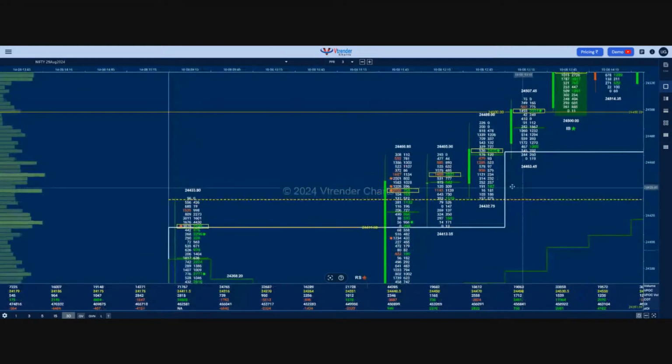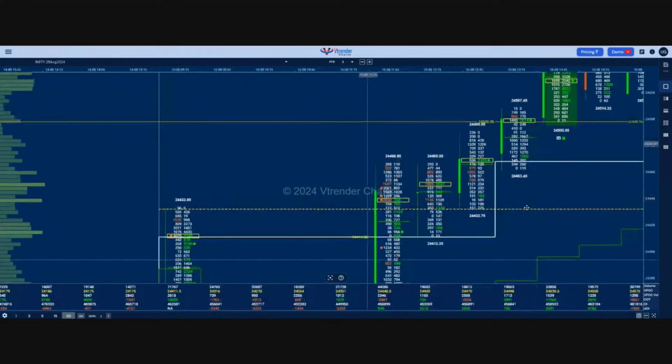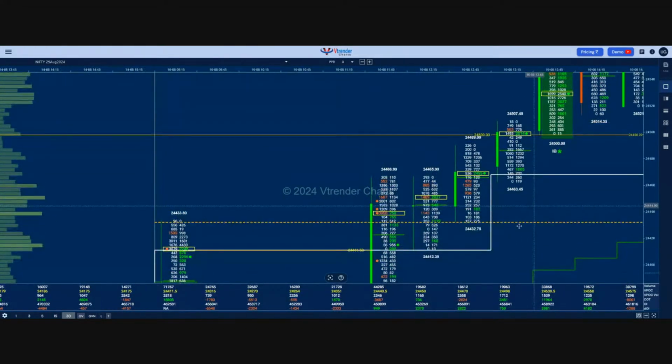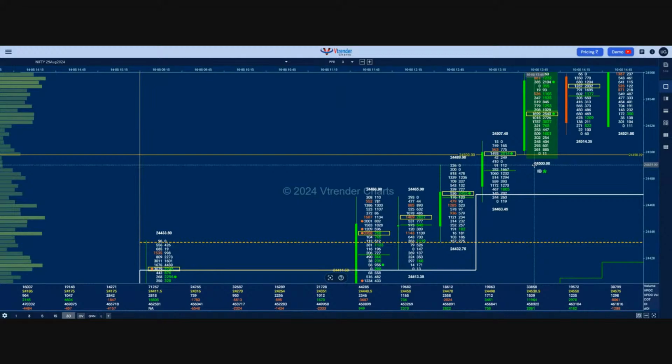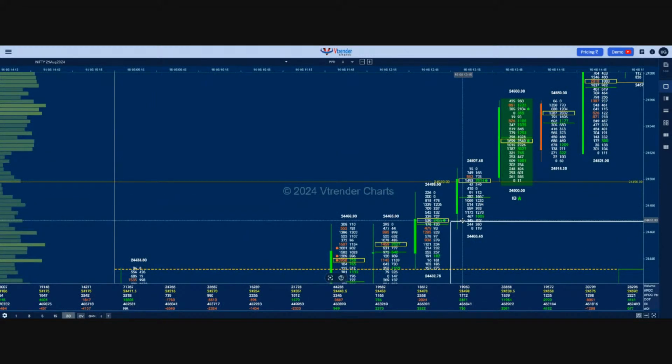So here you can see again we are getting greens, and the COT also has started to change to green. So we then went on to make higher highs in every TPO, which is telling us that the buyer is in control. And even after the POC shifting higher, we remained above this POC. So POC shifting higher does indicate responsive selling or profit booking, but it does not mean that you need to go short at all.